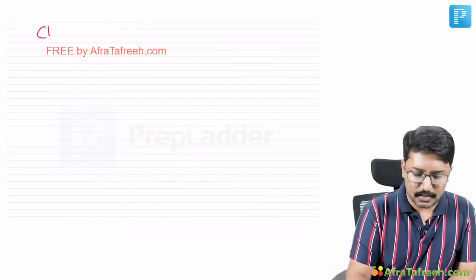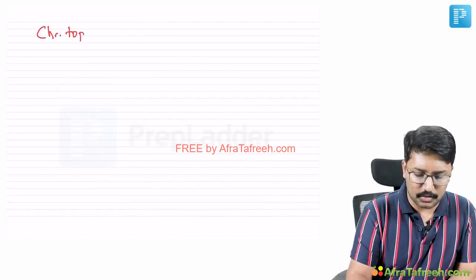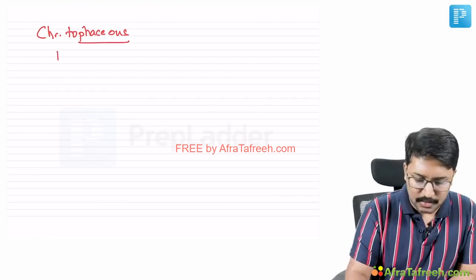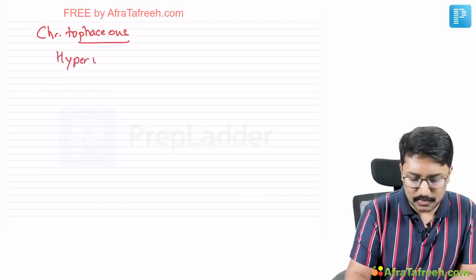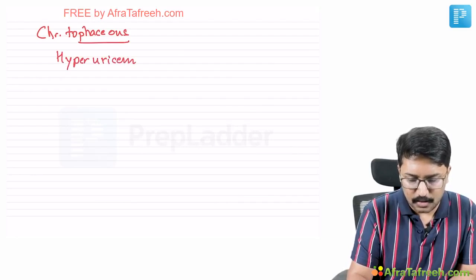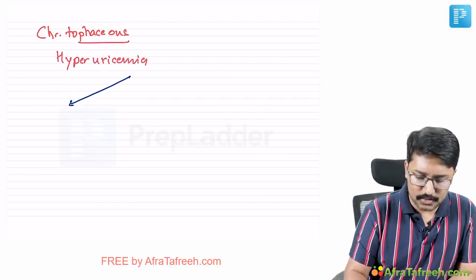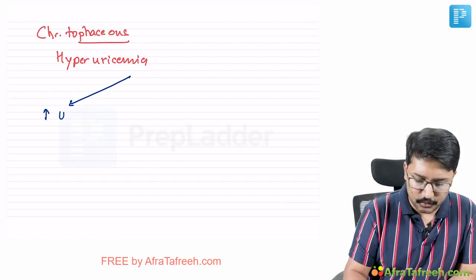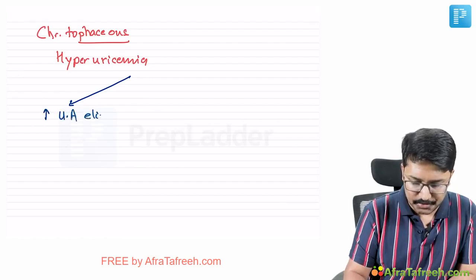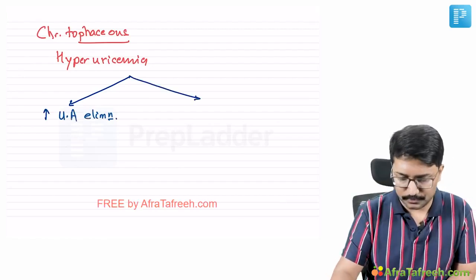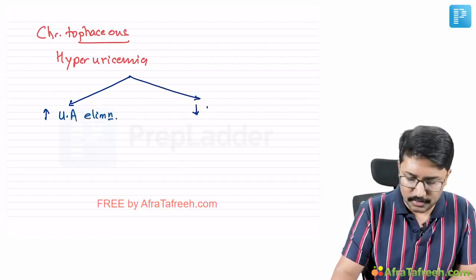If the patient is presenting with chronic tophaceous gout, or there are indications for initiation of treatment in patients with hyperuricemia, in these circumstances, what are our options? One thing we can try to do is increase uric acid elimination, right? Or the second thing we can do is decrease uric acid production, right?